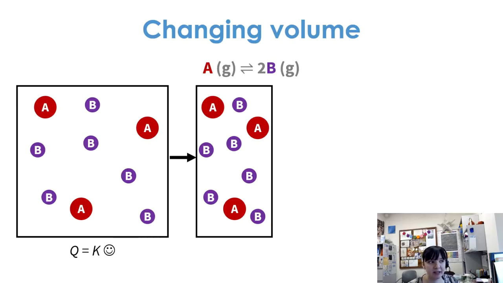Because we have, say, these different molar coefficients of B versus A. Although we're changing the concentration of both B and A by the same amount, within our reaction quotient and within our K expression, that change is going to be squared for B versus just to the first power for A based off of their molar coefficients.